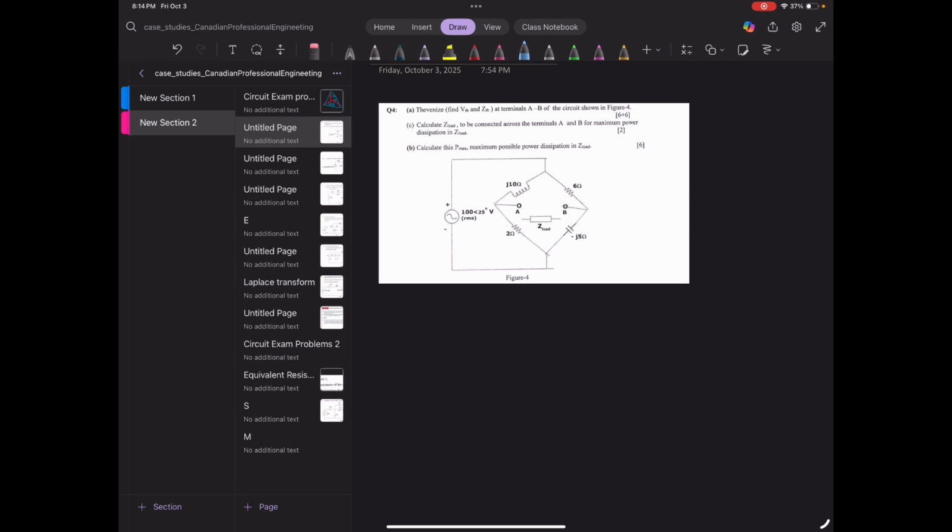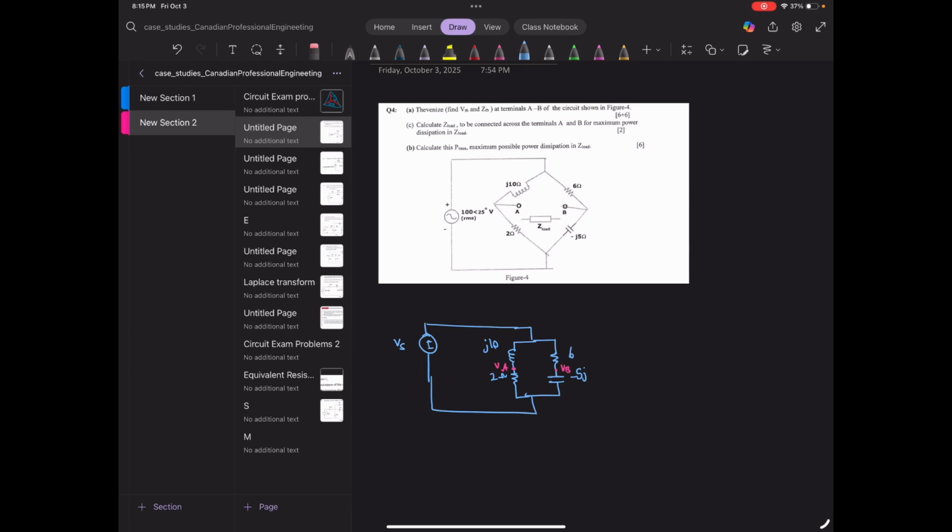So if we look at this, we have VS here, and these are open circuit, so it's like they're not even there. 6 ohm minus 5J, and then we have 2 ohm and then J10 here. Okay, and here is VA, and here is VB.